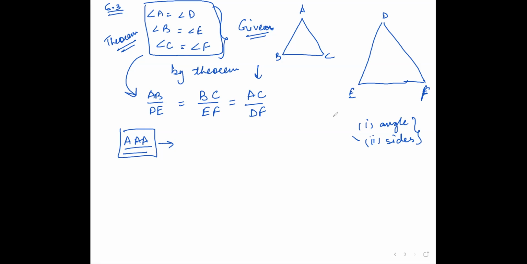Now you compare this with this. Your first condition is satisfied and your second condition is also satisfied, right? Now we can say that the triangles are similar, and this similarity criterion is actually called AAA. I'm trying to explain that AAA does not mean that only angles are equal and we are not talking about the sides, because we know by the theorem that the sides are in proportion if angles are equal.